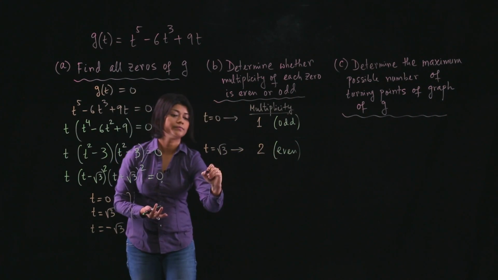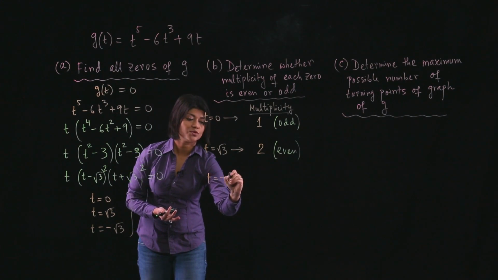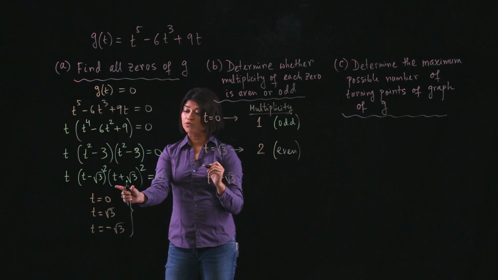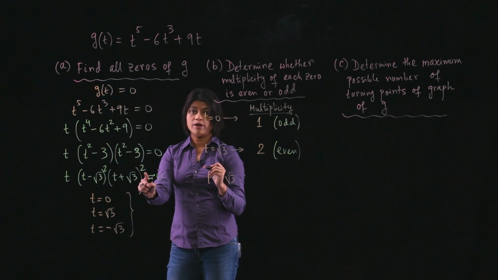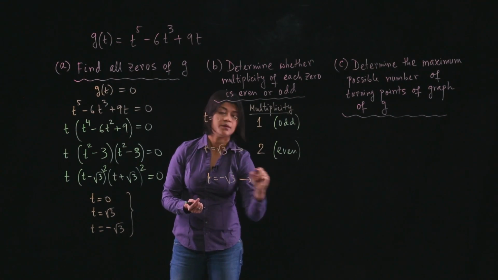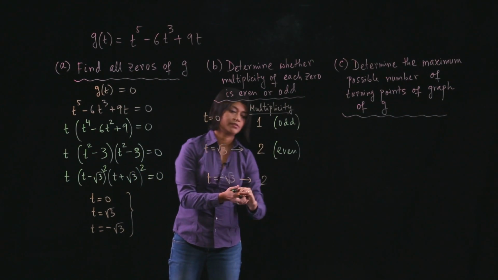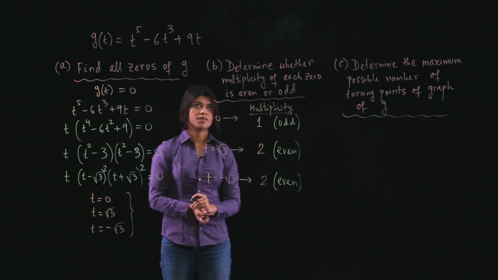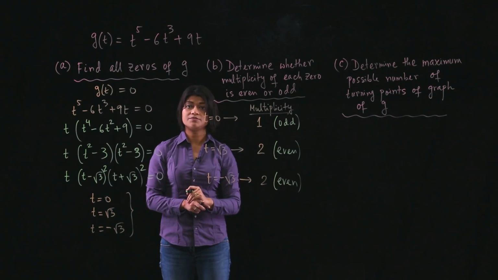And the last one, t equals negative square root of 3. Again, notice that the factor is t plus square root of 3 and it appears twice. Since the power is 2, this one also has a multiplicity of 2, which is also even. So we determined the multiplicity of each 0.